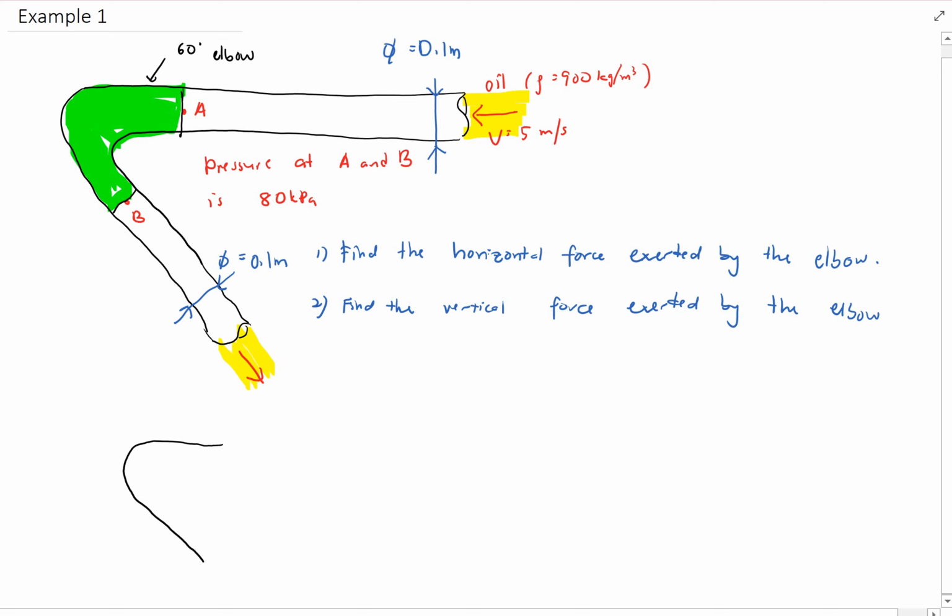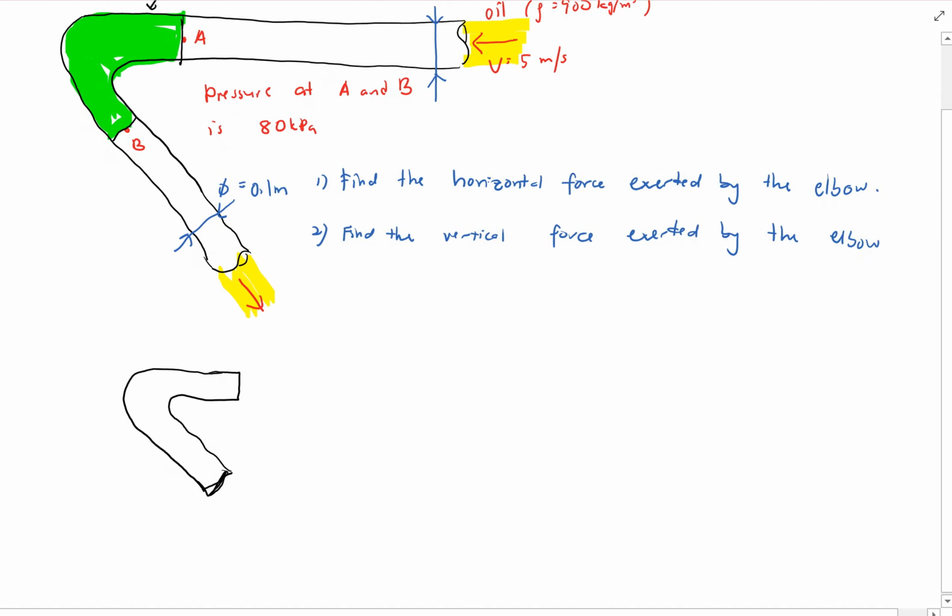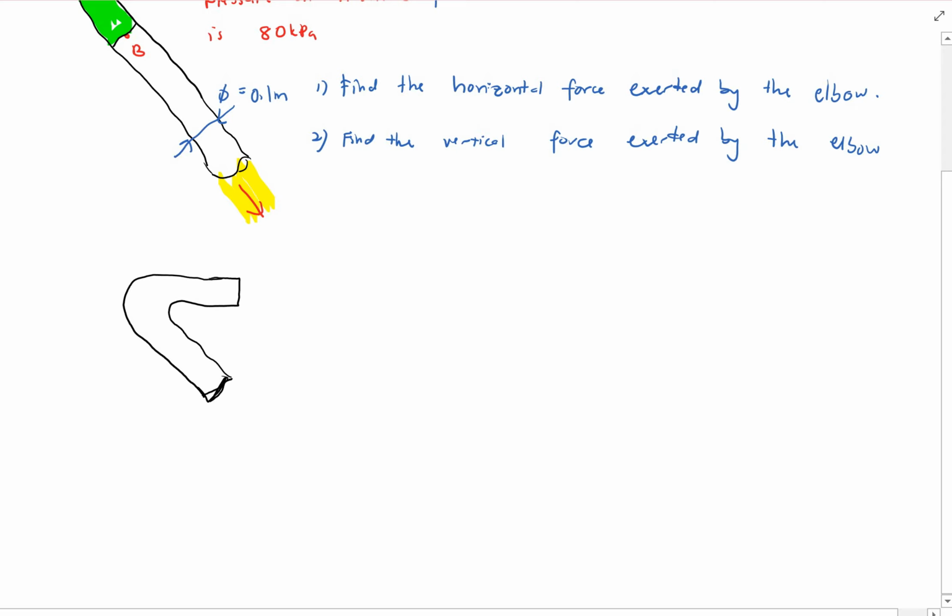So we have that elbow, okay, 60 degree. Now that is our control volume. Now we have to label all the acting forces on our control volume.